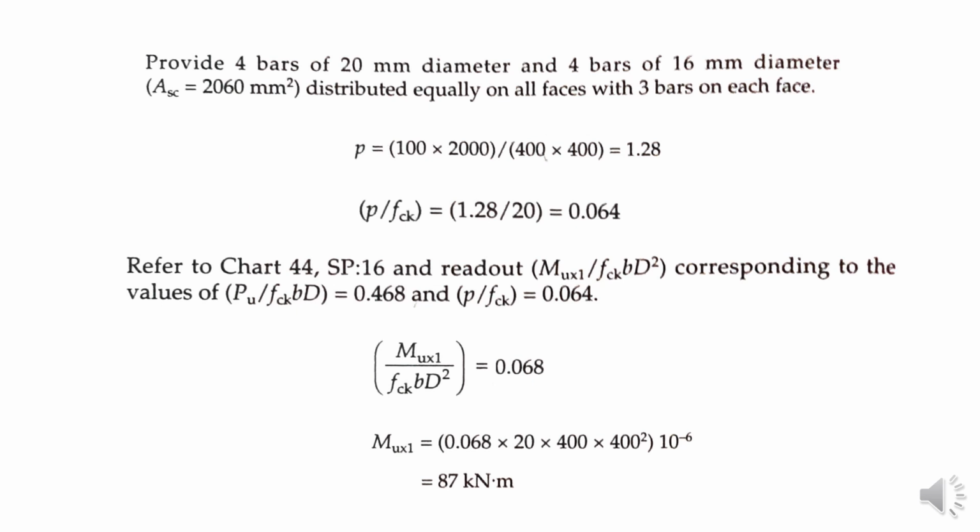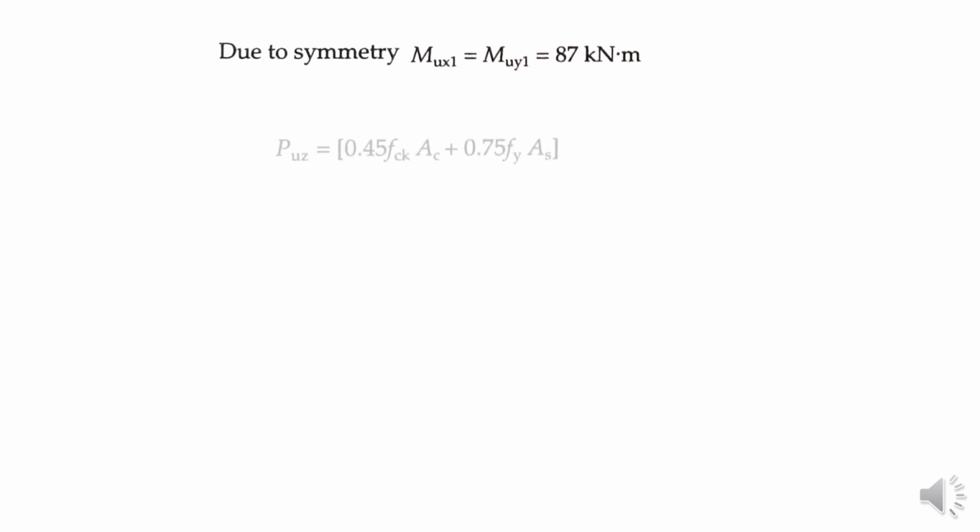From that we find the moment Mux1, equal to 0.068 into 20 into 400 into 400 square divided by 10 power 6. Due to symmetry, Mux1 and Muy1 are both the same, 87 kilonewton meter, because this is a square column. So Mux1 is equal to Muy1 is equal to 87 kilonewton meter.